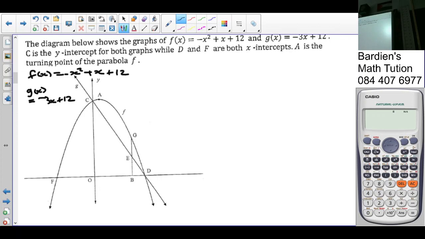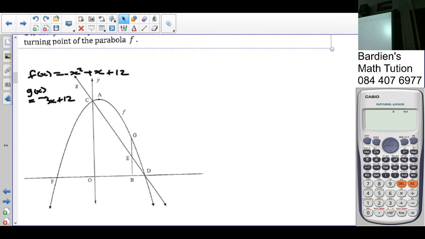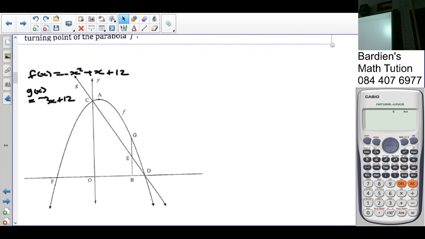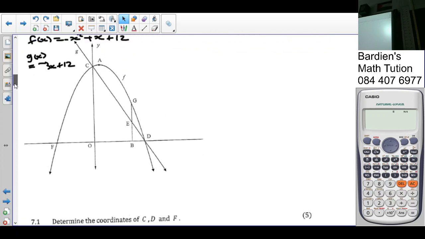We know that's going to be 12, so the constants of the parabola and the straight line are both 12. D and F are both the x-intercepts of the parabola, whilst D is the x-intercept of the straight line. A is the turning point of the parabola. Okay. So everything in this information is in the diagram. You all agree with that?